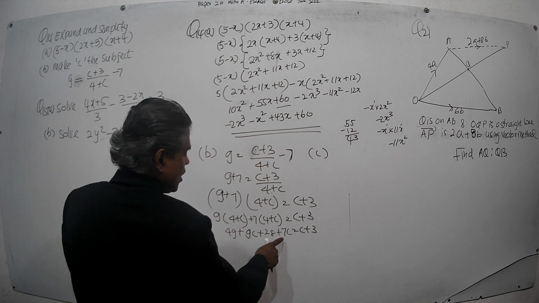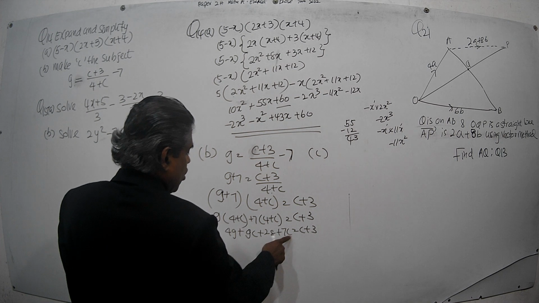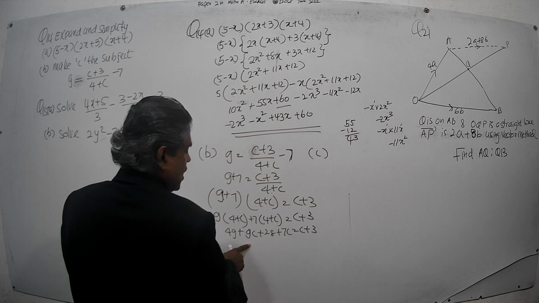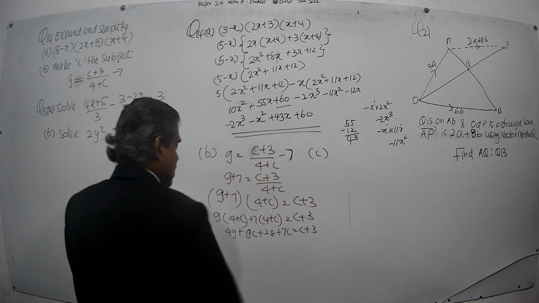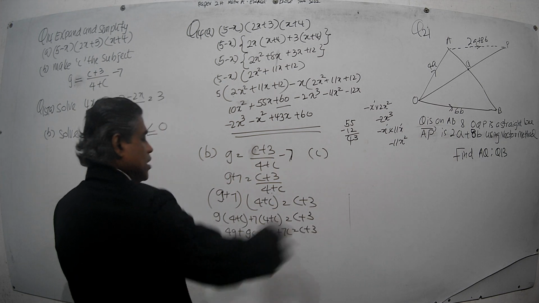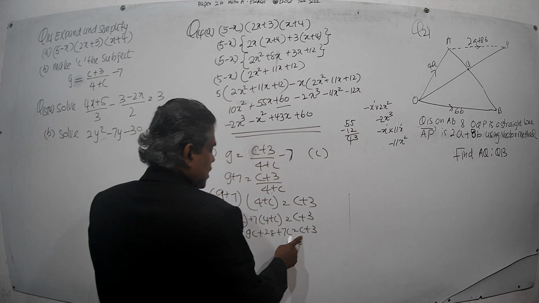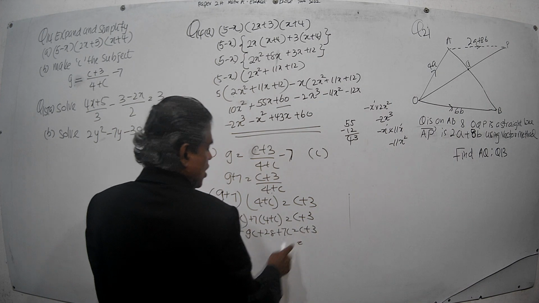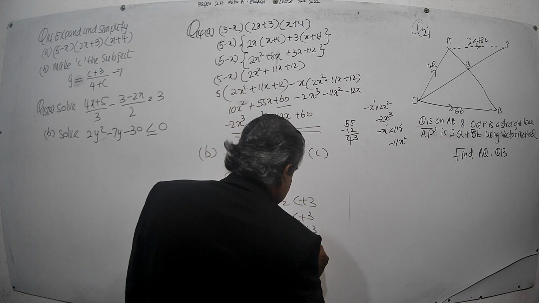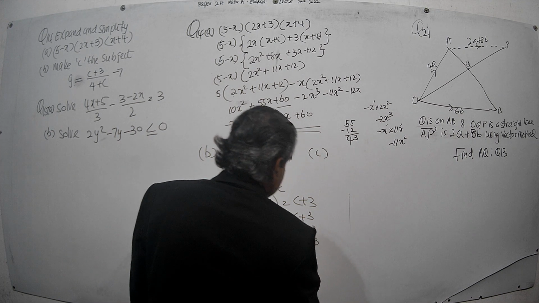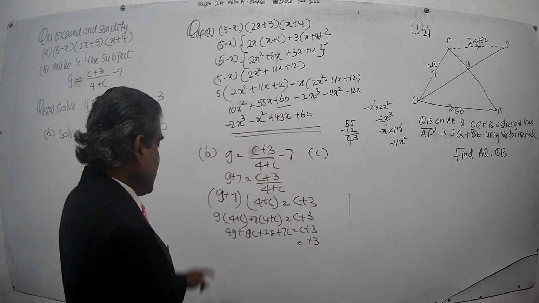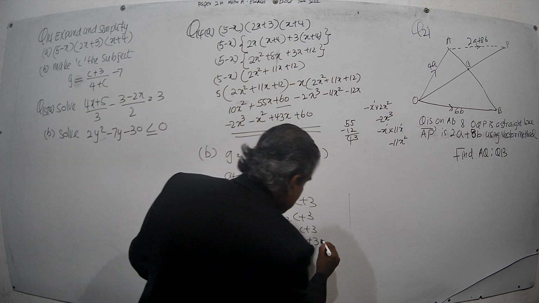Now you collect all C terms to the left side, then all other terms to the other side. 4G is not a C term, take it to that side, then minus 4G.